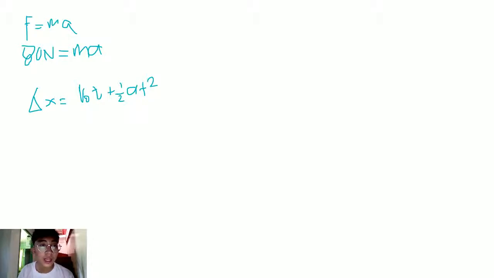So alam natin yung delta X natin. Delta X natin is 11 m, is equals to initial velocity, tayo na 0. So kung ito ay 0, this will be cancelled na. So wala na tayong VOT. So plus 1/2, wala tayong A. So yun yung hinahanap natin.